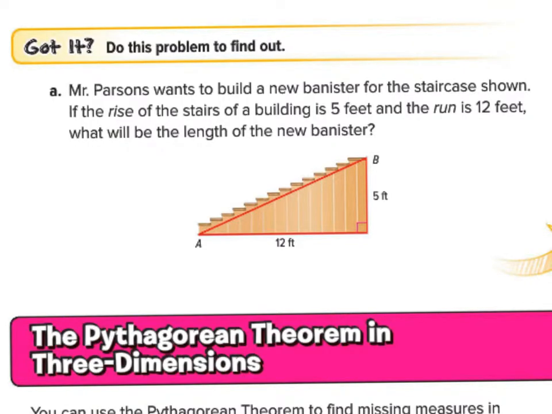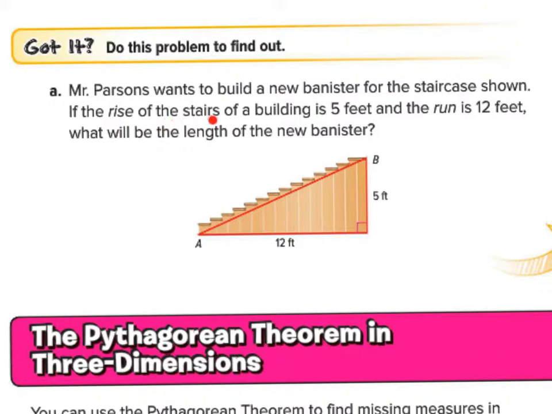Okay, so let's try it. Here's another real-world application where we have a stairwell. You see that? A staircase, and we know the height and how far across it is, right? But we're trying to solve for the hypotenuse. And the reason we're trying to solve it is because Mr. Parsons wants to build a new banister, so a railing, right, for the staircase shown.